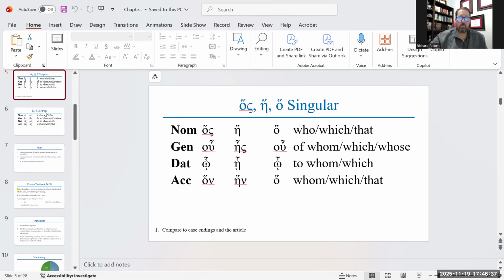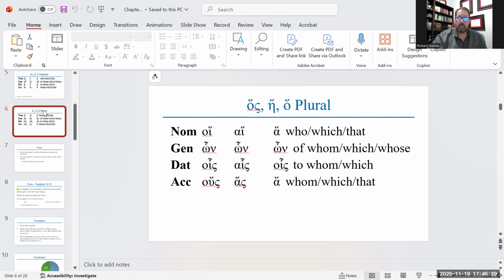Here is the plural. Again, you should recognize this right away as very similar to the noun paradigm that you learned in chapter 7, with, I think, the words that we used were logos, graphe, hora, and ergon, right? Those are the words that we learned.